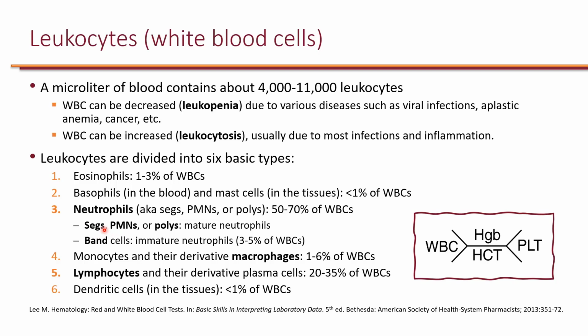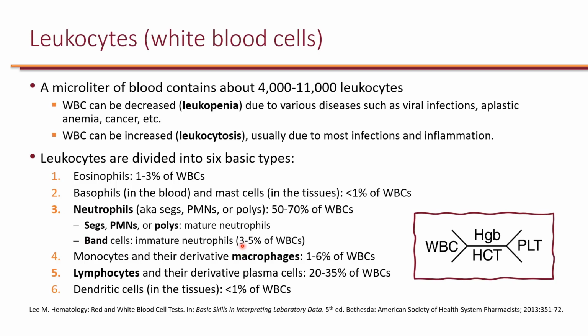Now, during infection, because the body tries to make more neutrophils than usual, you will see an increase in the band or immature neutrophils, and that's typically referred to as bandemia or left shift. Left shift meaning the cells have shifted to the immature side. So if you see more than 10% of the neutrophils as band cells, that's typically called bandemia.